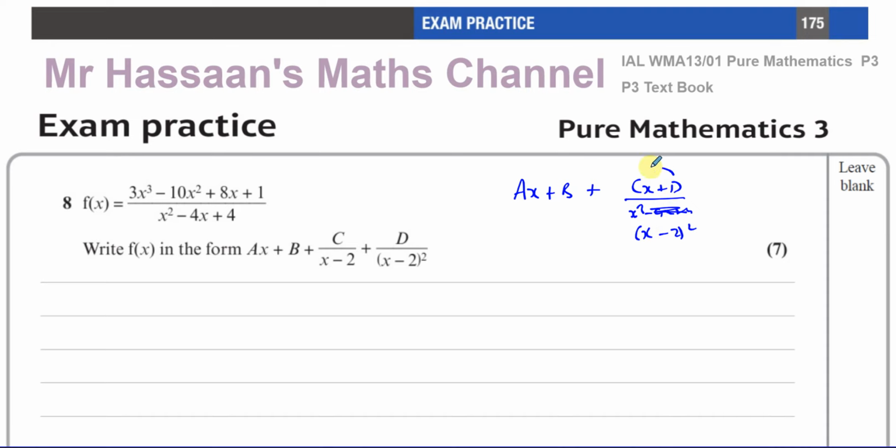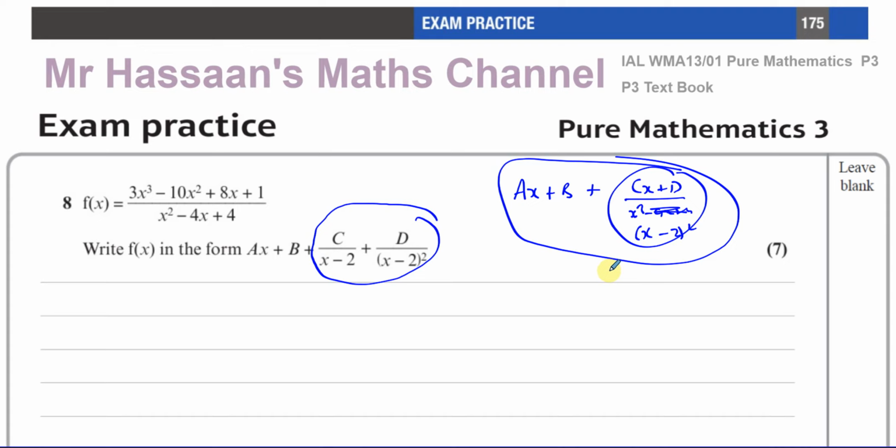But then to make this look like the given form requires us to understand partial fractions in P4. So attempting to do this by algebraic long division will give you something of this form, which, if you don't know P4, you wouldn't really know how to go from here to here.